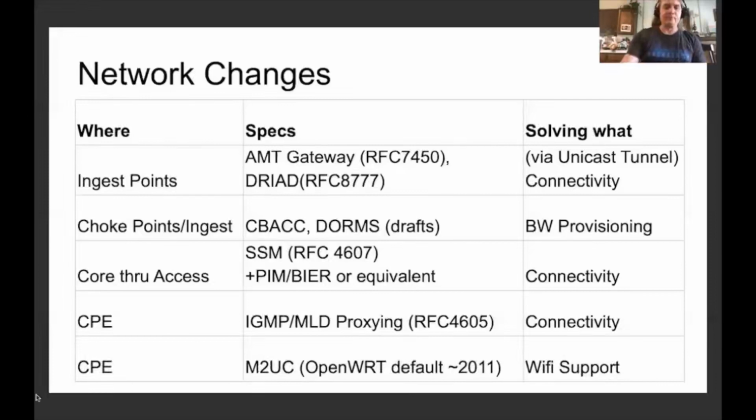So the point of highlighting the CPE parts is that if that is the heavy lift for your network, then it's something you might want to start looking into now.